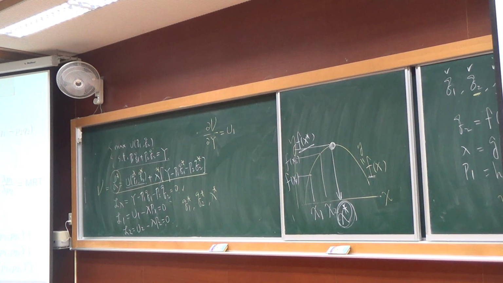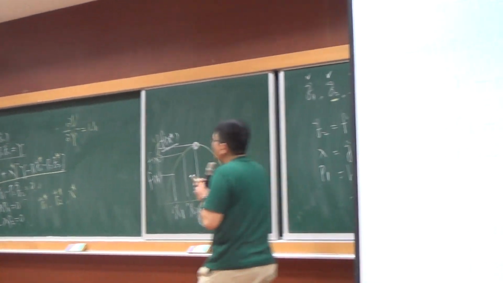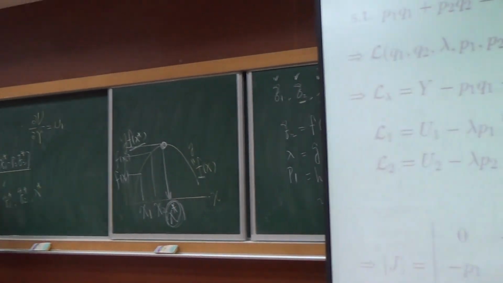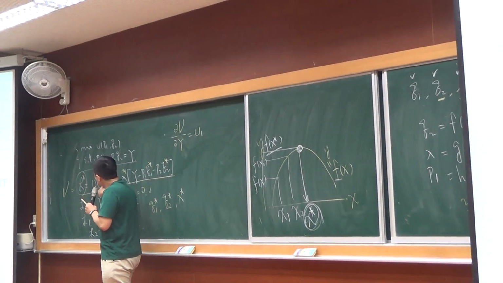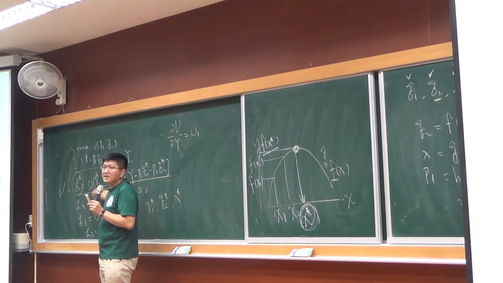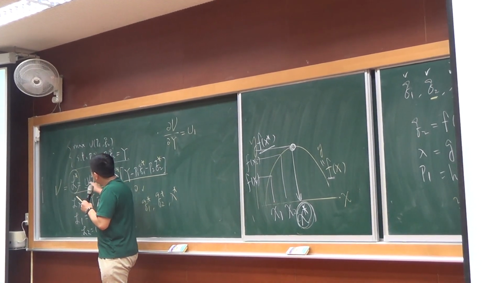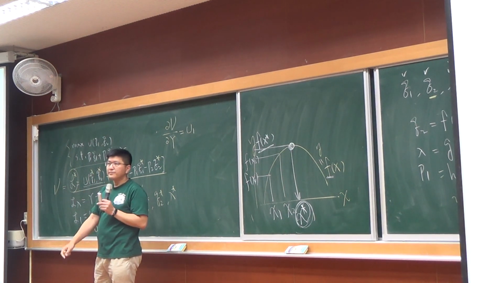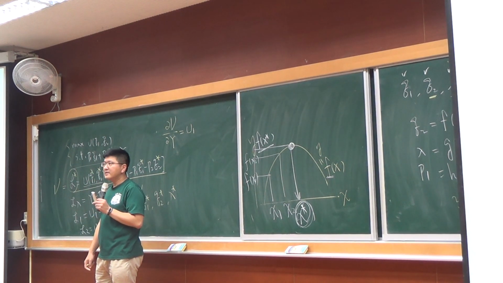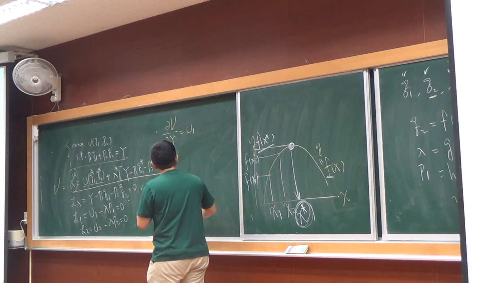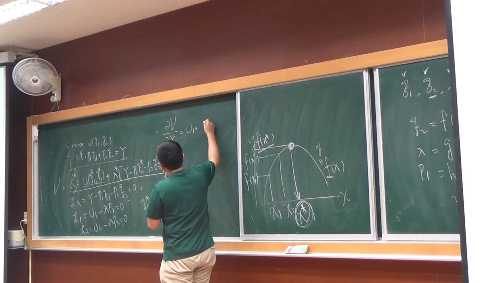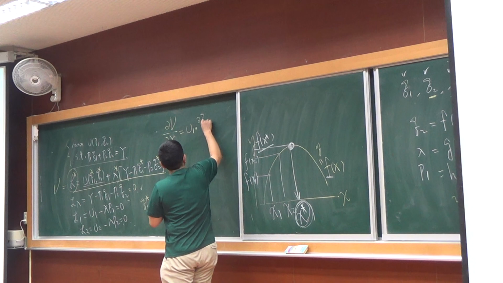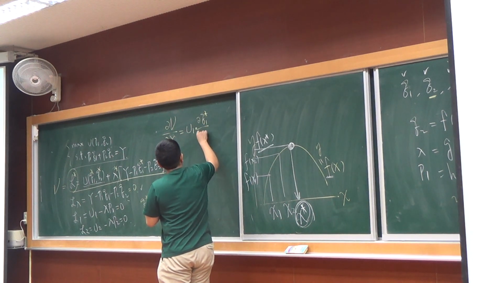So actually q1 star is a function of y. So although we don't see y directly here, we know q1 is a function of y. So y affects q1 star, q1 star affects u. Is that clear? So by chain rule, u1 times partial q1 star, partial y.